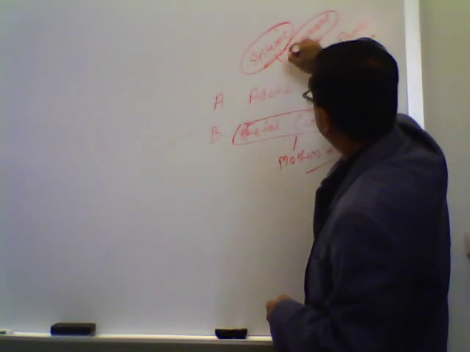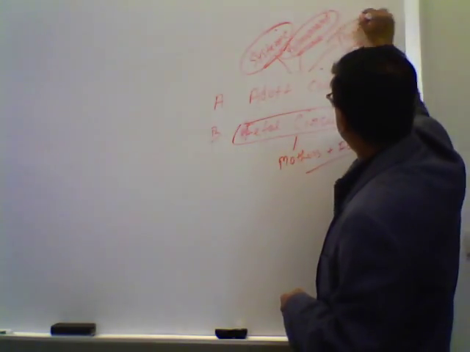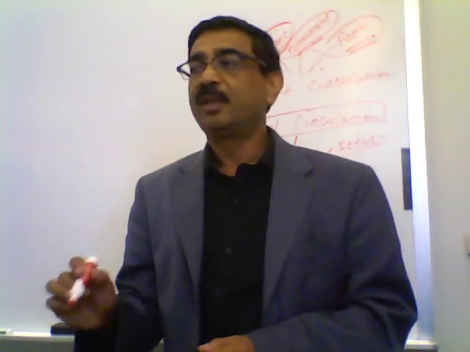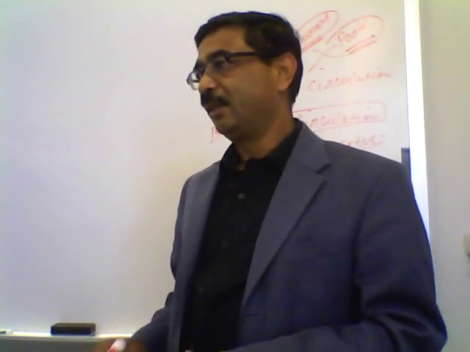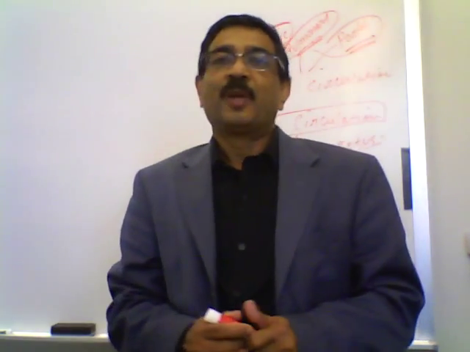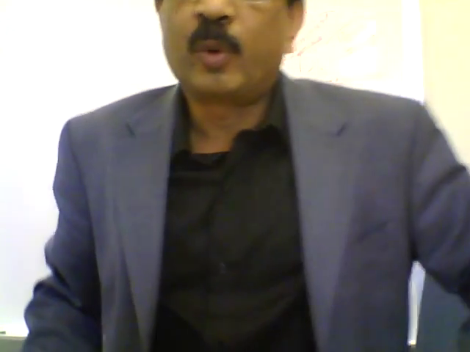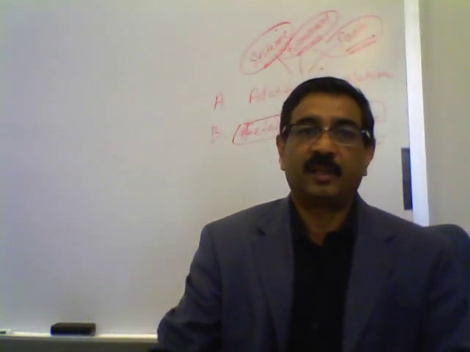Pulmonary circulation is the circulation between the heart and the two lungs. And portal or hepatic portal circulation is the circulation between your gastrointestinal tract and the liver. Okay. So, the hepatic portal is the circulation between your GI tract and the liver.